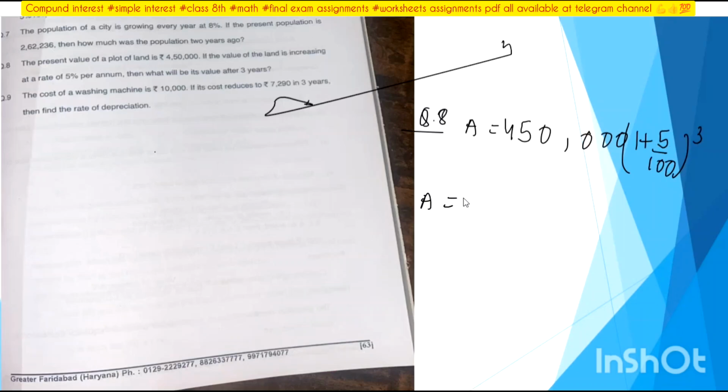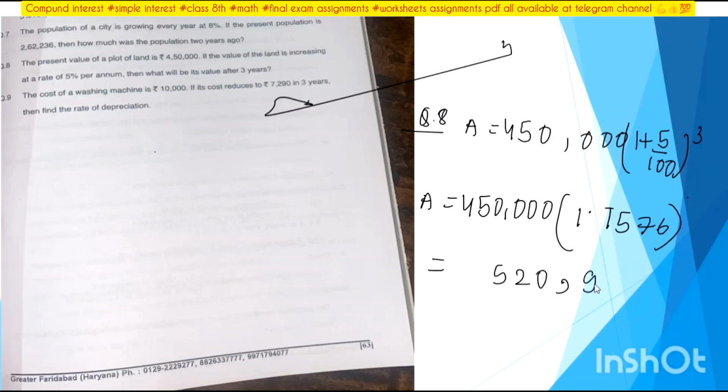So A becomes 450,000 into 1.1576. Just multiplying, I am getting 520931. So this is the value after 3 years.